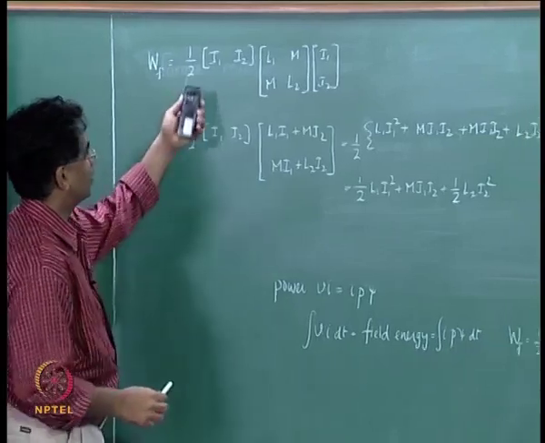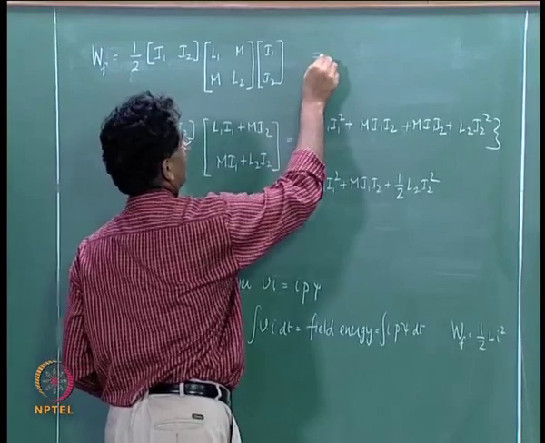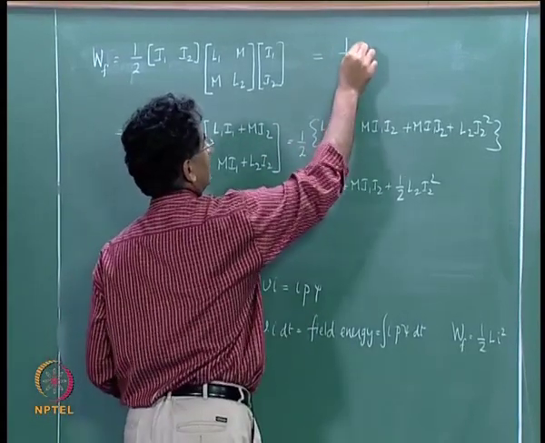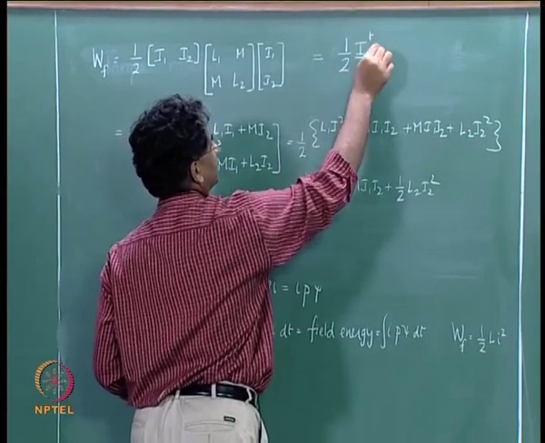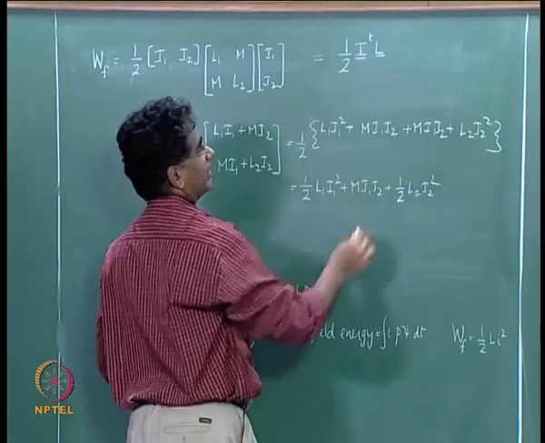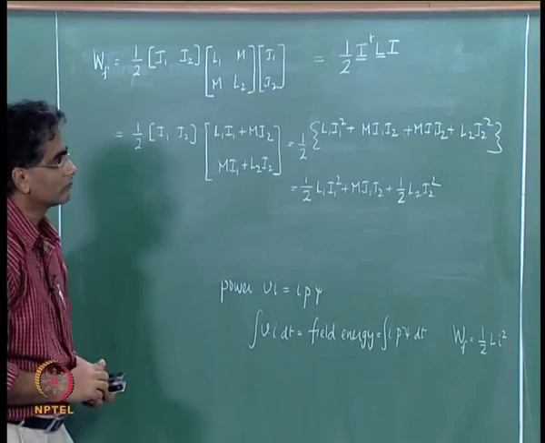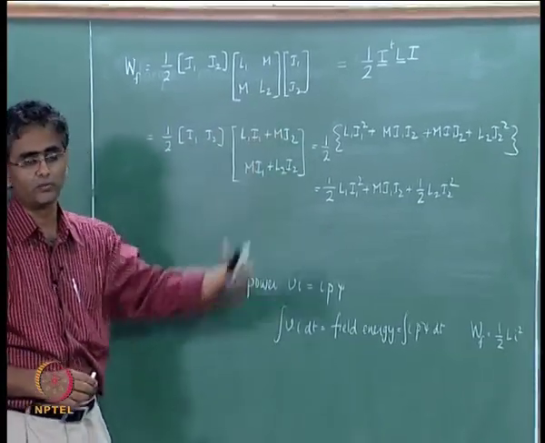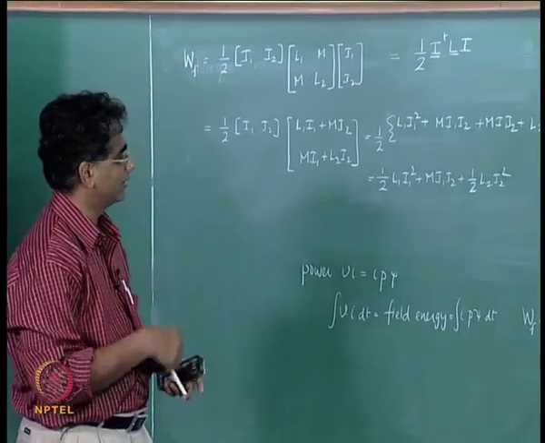So, this form however is very useful. One can simplify the notation and then say that the field energy is equal to half of a vector I transpose, square matrix L, multiplied by I. It would be useful to have the expression in this form in the next situations we will see in the later lectures.